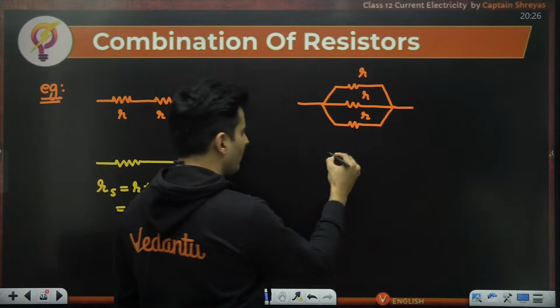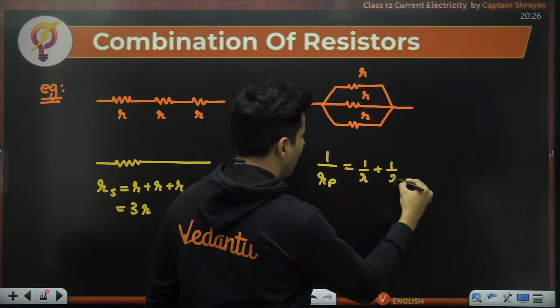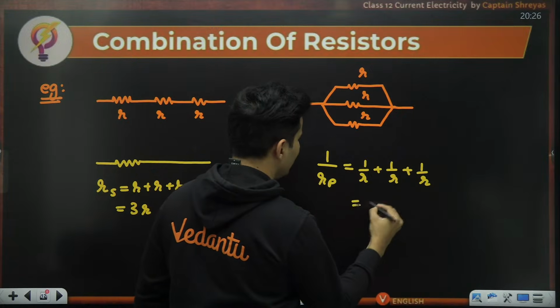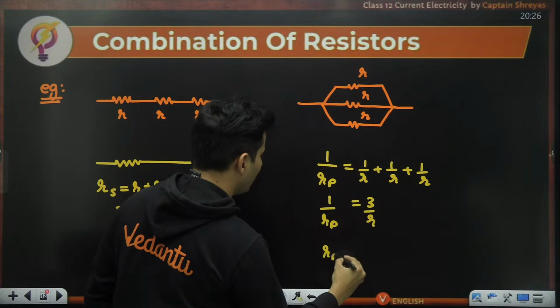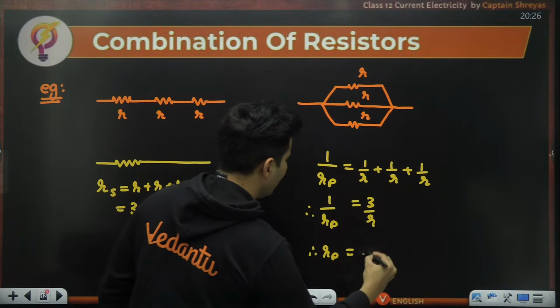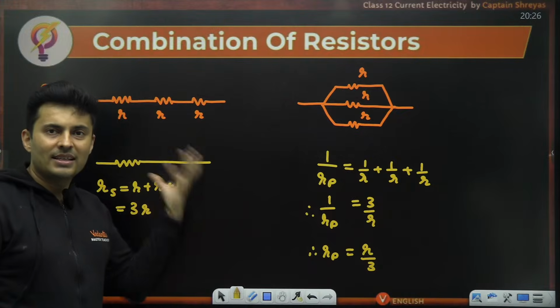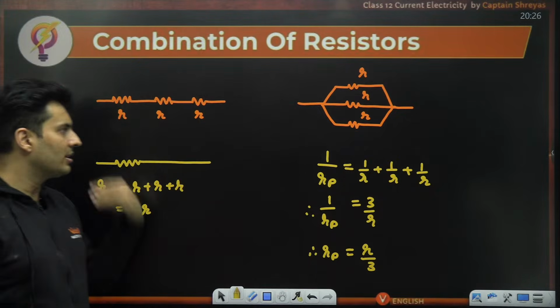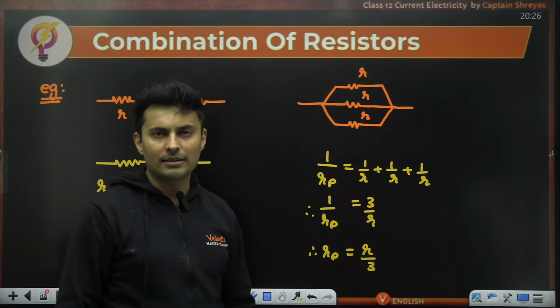But over here, 1 by Rp will be 1 by R plus 1 by R plus 1 by R, which is 3 by R, but that is 1 divided by Rp. Therefore, Rp will be R divided by 3. So in series, you can see the final resistance is definitely larger than any of them, and in parallel, it is definitely lesser than any of these resistors.